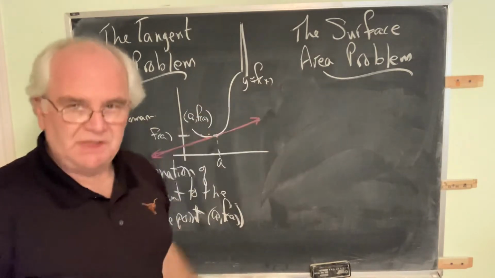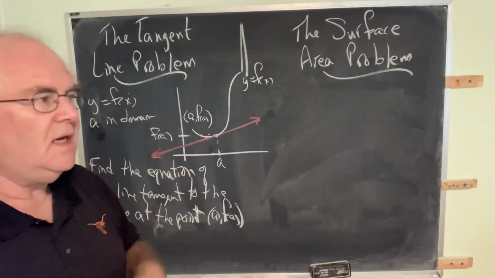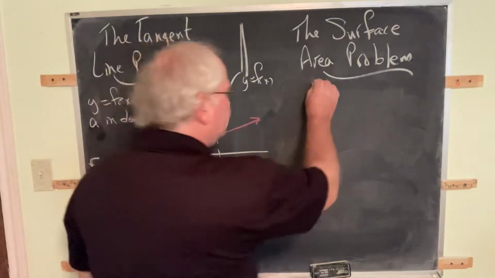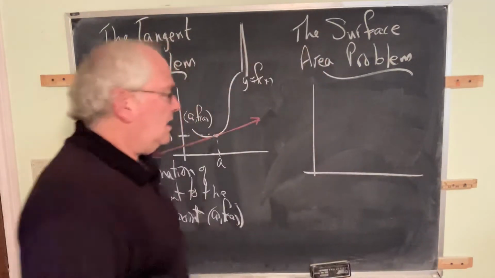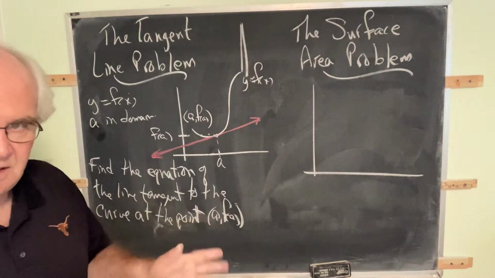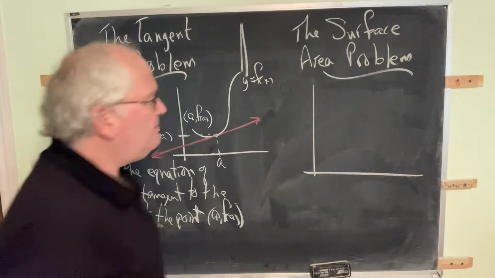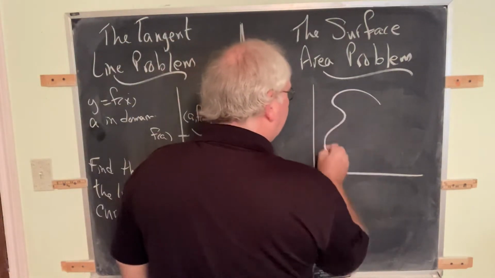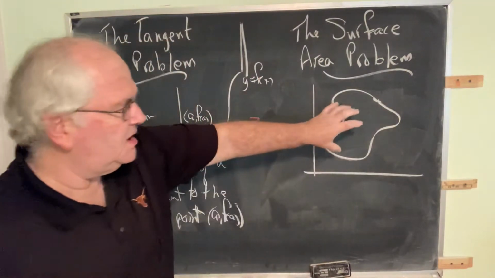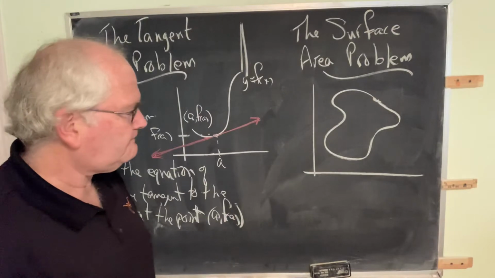Now, let's talk about the surface area problem. It comes in several different forms. The one I'm going to use is a very generalized form of it. It says this: the surface area problem, very roughly, and again, you can couch this in different language. It means this: given a curve that encloses a region in the plane.